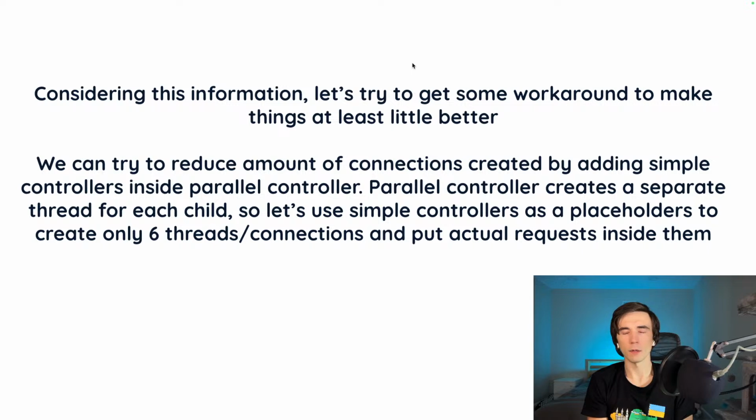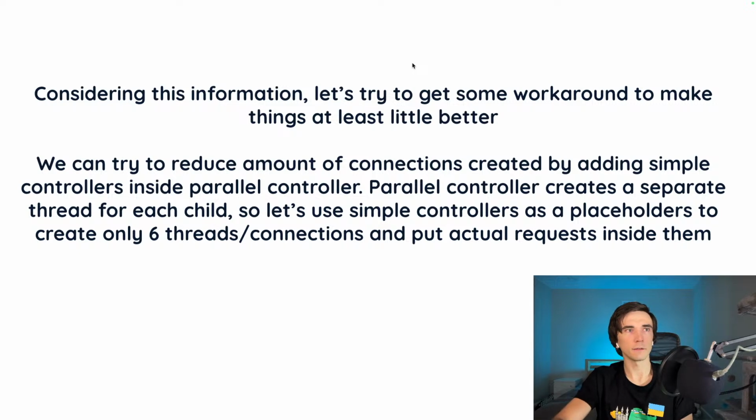So our main idea here, considering all the previous information, is that the parallel controller creates a separate thread for each direct child. So we can try to reduce the number of threads created.